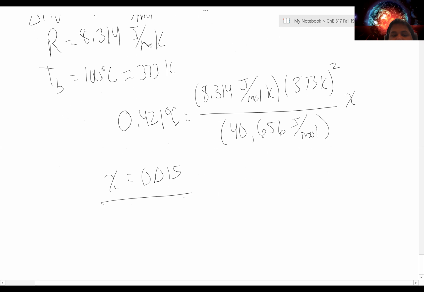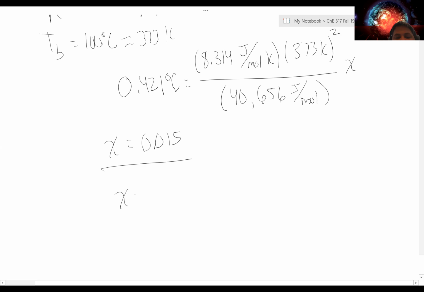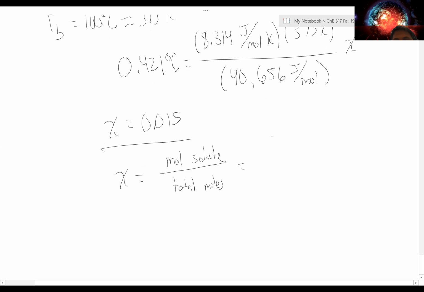So with that mole fraction, X equals the moles of our solute over the total moles. I can say the mass of the solute over the molecular weight is the moles of solute, divided by the mass of solute over the molecular weight plus the mass of water over the molecular weight of water.